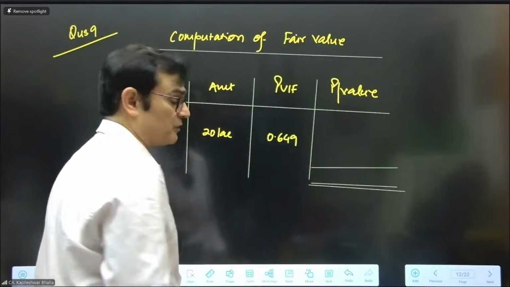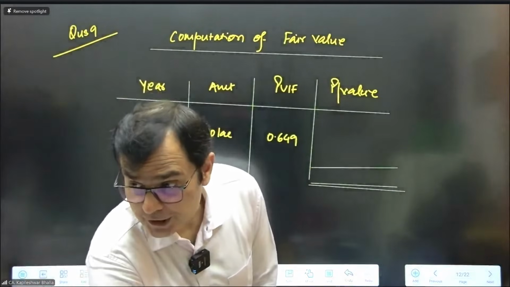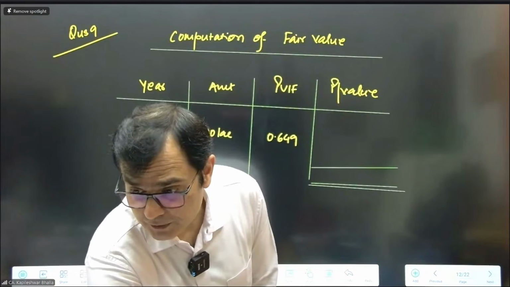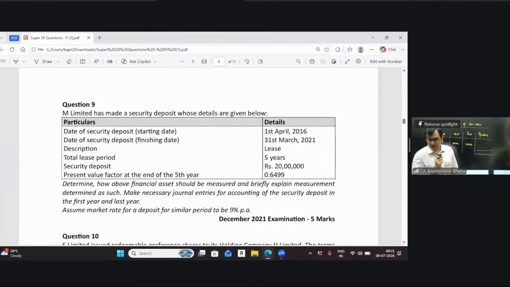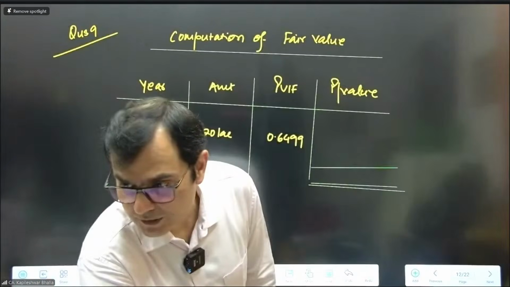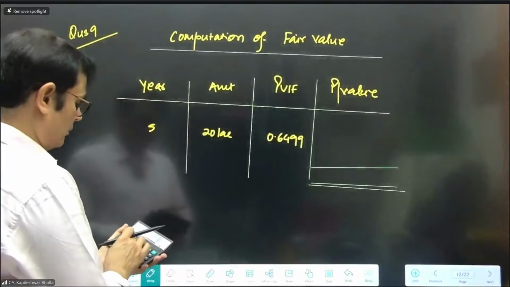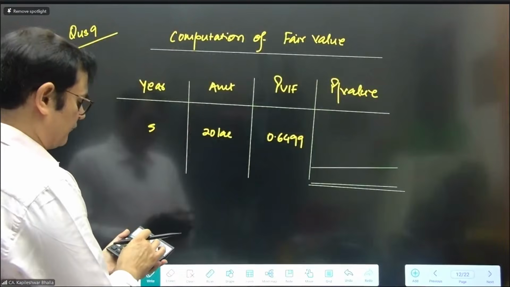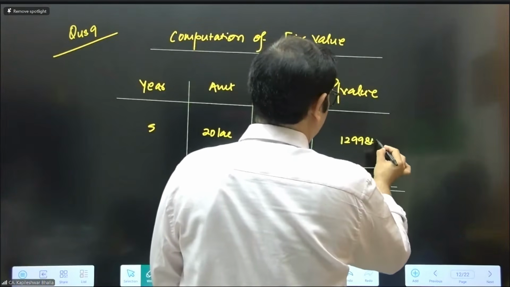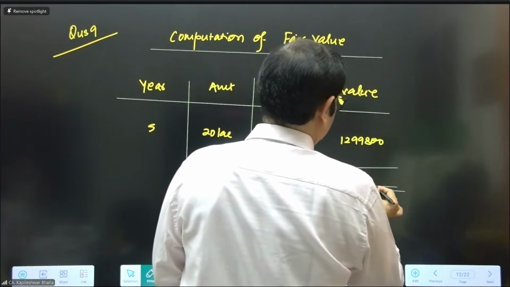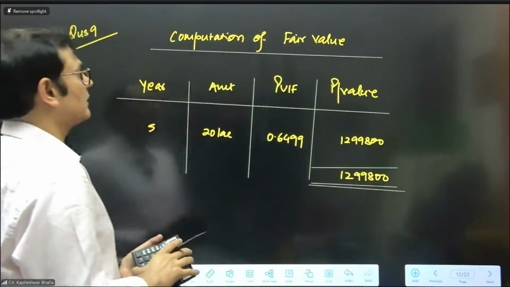I think in the question it was mentioned incorrectly as 6499, so maybe you can rectify that in the screenshot. So it's right, 6499 is correct. So 20 lakhs into 0.6499 is 12,99,800. So that becomes the fair value.